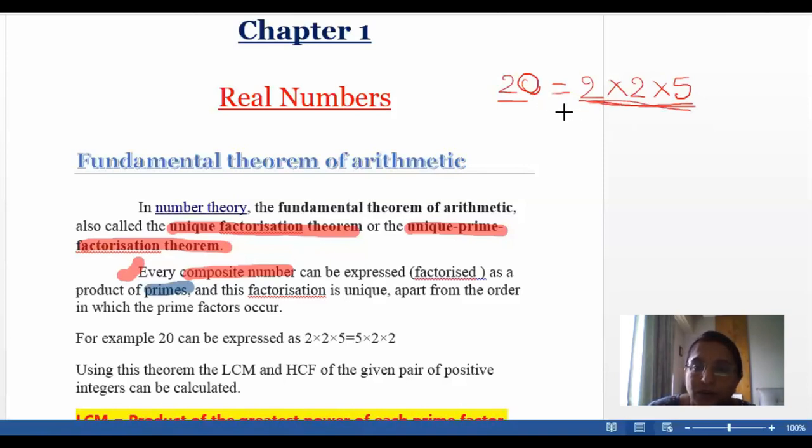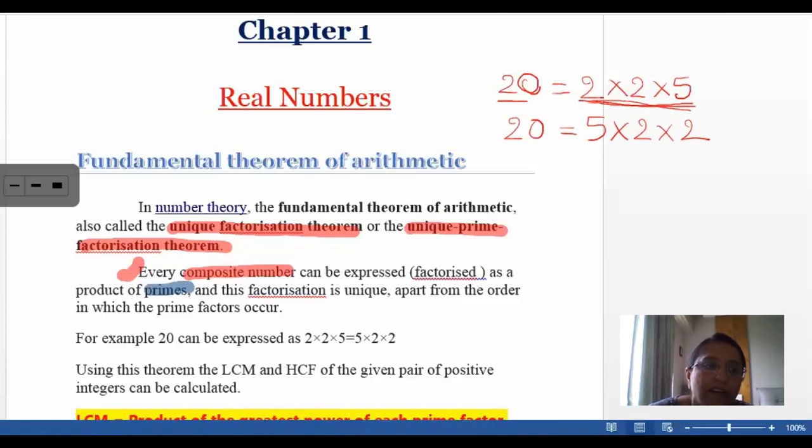Here you can also write 20 is equal to 5 into 2 into 2. Then it is unique, apart from the order in which the prime factors occur.